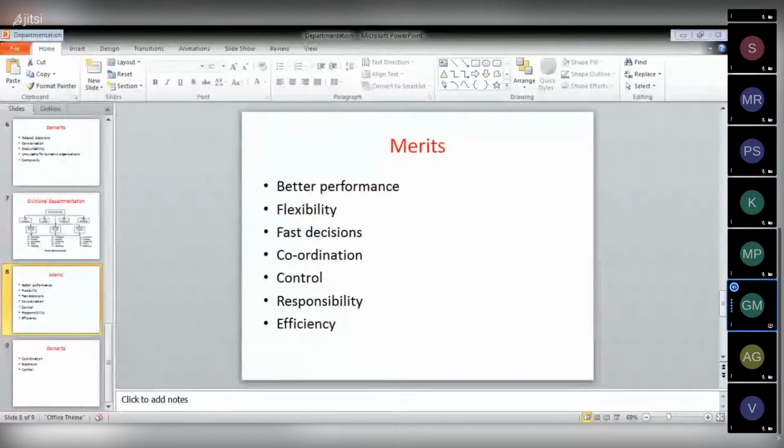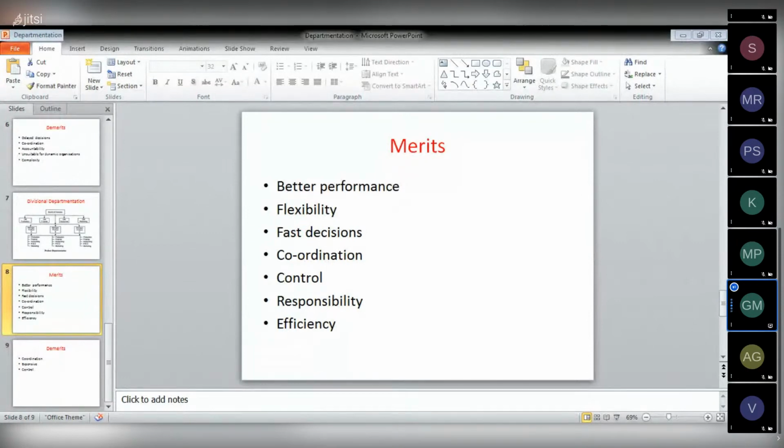So broadly I can say functional and divisional, but we have other departmentation as well. Process departmentation is also there, which is based on processes. Based on customers, we can create departments.